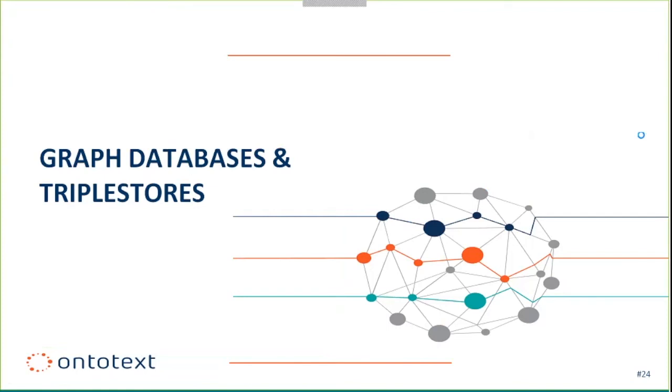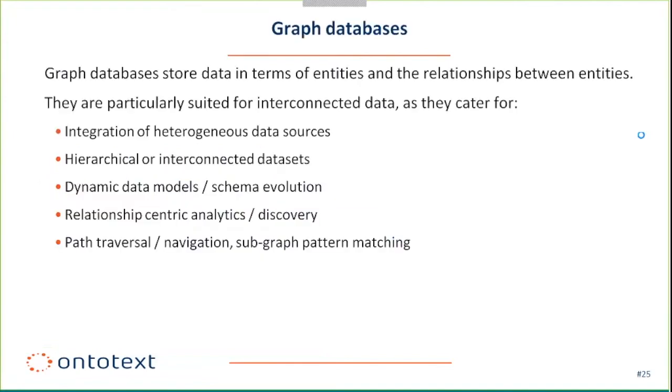Now, all of this, in order to actually run it, you have to figure out a little bit about what graph databases are and what triple stores are, so that you can more effectively leverage them. So graph databases are ways to store data in terms of entities and the relationship between entities.